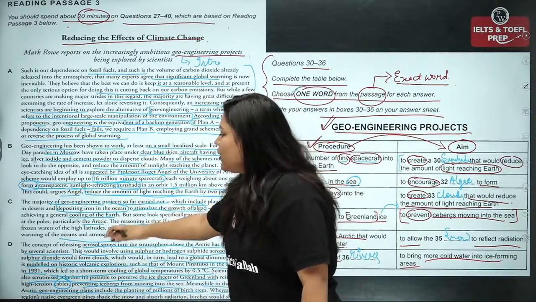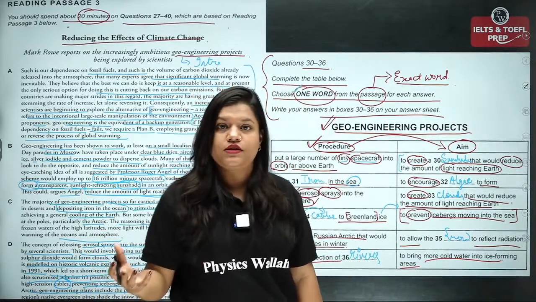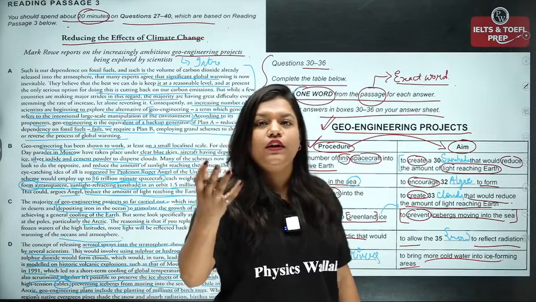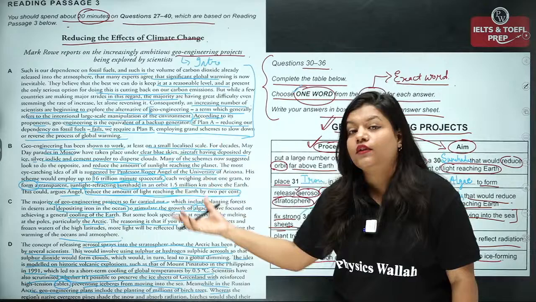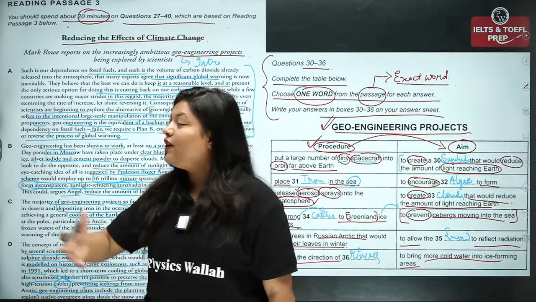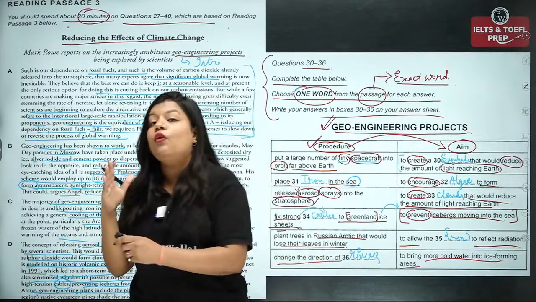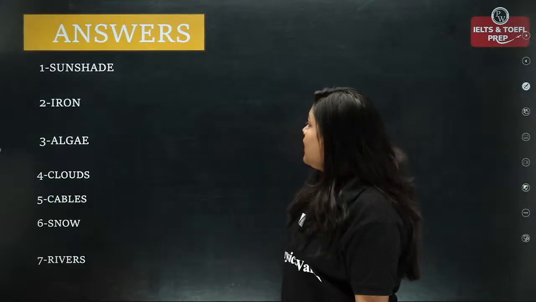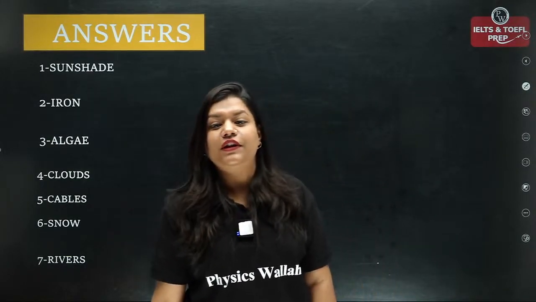If you have seen, there were many difficult words related to scientific and geographical terms. But they have clearly explained what a certain word is, what is the work of a certain word in a certain paragraph or in a certain project or process, right? So this is how you're going to get each and every piece of information in the passage. Trust me, if you read it properly, you're going to find all the answers, all the responses, right? So yes, here are the answers. If you can just have a quick look and if you want to refer to them, okay?